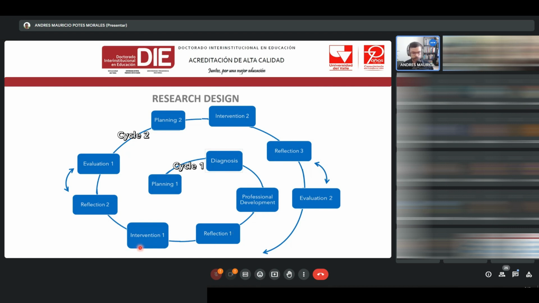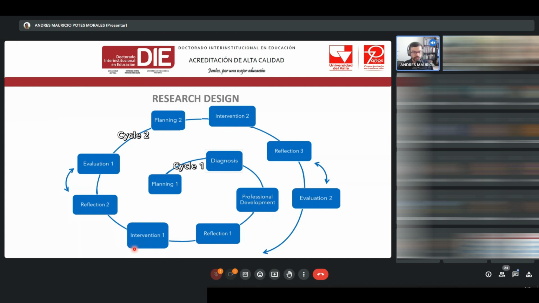Intervention one is concerned with the application of the tools that were developed or co-constructed with the teachers in the professional development part and reflection.